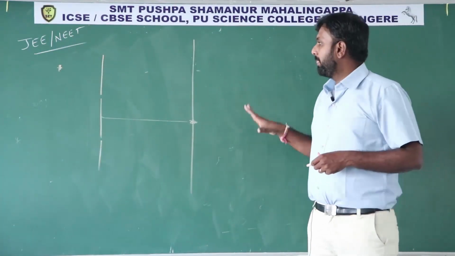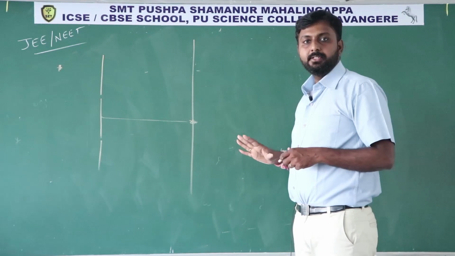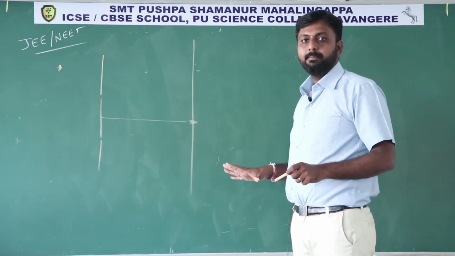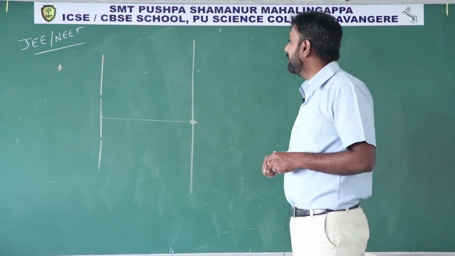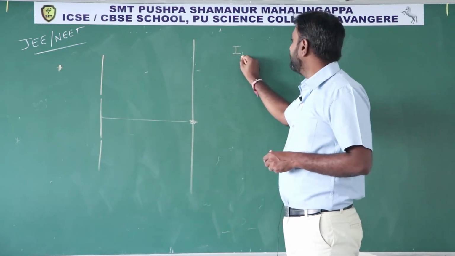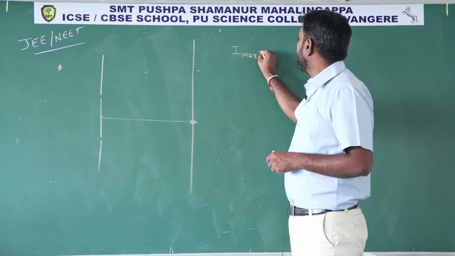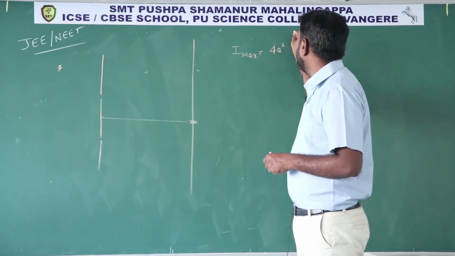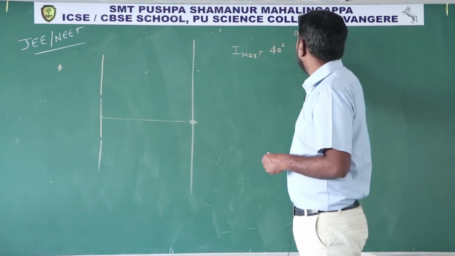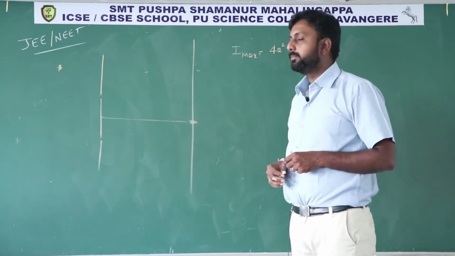Also you know that all bright fringe intensities are the same, and width also the same, and dark fringe intensity is 0. The maximum intensity value, you know, is 4a square if the amplitudes of the waves are the same, a1 and a2.